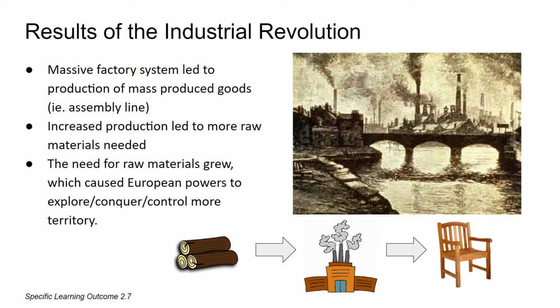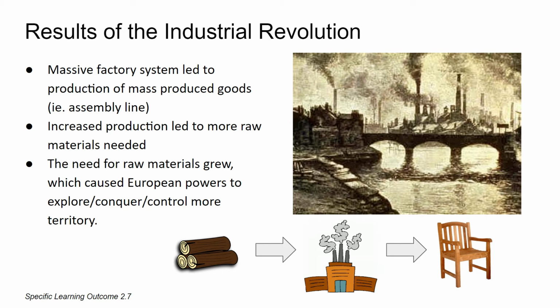Okay, so you can see how more and more goods were produced and more people living in the city needed goods. Therefore, the main genesis was that they needed more and more raw materials. And in order to get more raw materials, you would have to explore and gain more territory, which is one of the main motives for imperialism: having the ability to create more opportunities to gain raw materials.